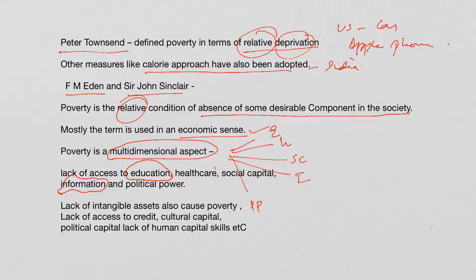If you don't have healthcare, again it's a problem. If your health is deteriorating, you are not able to go to work, you are not added in the labor force count. So all these things will make you be in the poverty category.